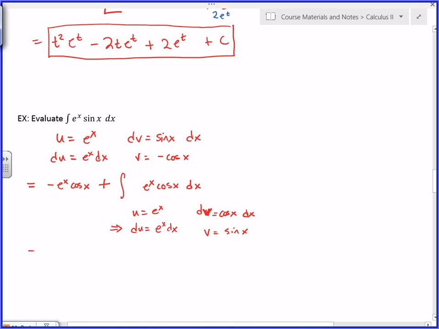So I have negative e to the x cosine of x plus uv, which is e to the x sine of x, minus the integral of e to the x sine of x dx.